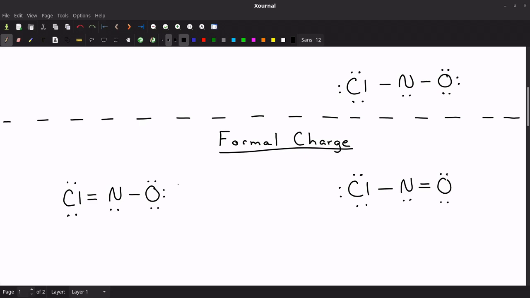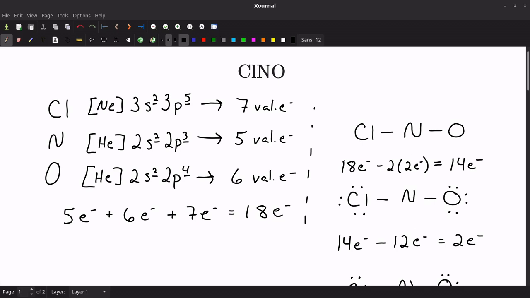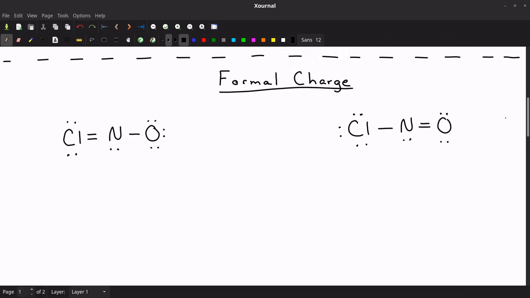What this is going to involve is first writing down the number of valence electrons for each one of the atoms. So if we come back up here just to remember, chlorine's a 7, nitrogen's a 5, oxygen is a 6. So I'm going to write 7 here, 7 here, 5 here, 5 here, 6 here, and 6 here.